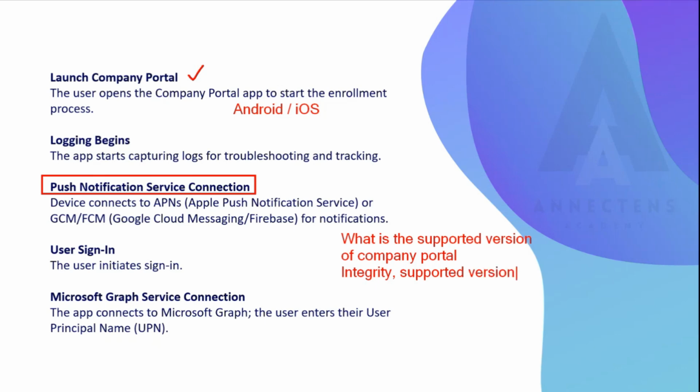Whether it is installed directly from the Play Store or was downloaded from a third party website. It will check all these things. If the integrity is not checked, maybe it will lead to a security breach. That's why it ensures that whatever Company Portal application is being set up, it is genuine, it has a supported version, and there is a connection between APNS and Google Cloud Messaging, so that it can connect to the internet and download the policies and other notifications from the service provider.